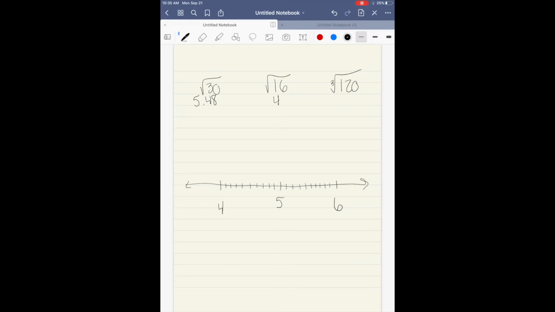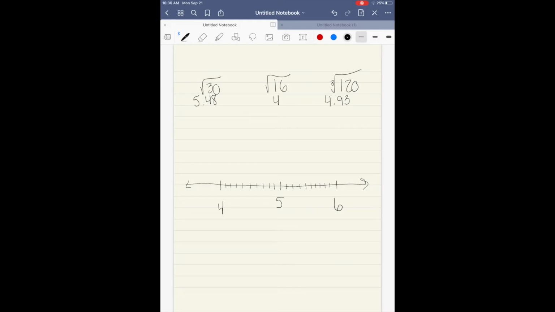Type in 120 into your calculator and hit enter. This is also a non-terminating decimal like our first one, so we're going to round it to the nearest hundredth. So we have 4.932, so 4.93. The 3 stays the same because the 2 keeps it the same.